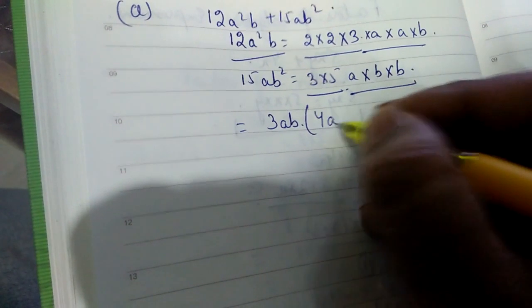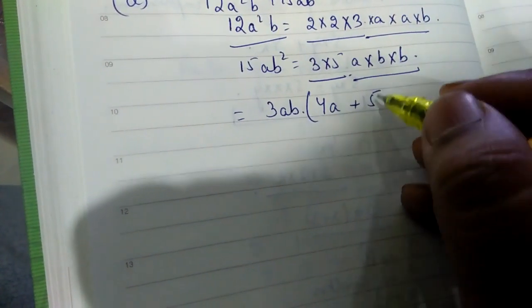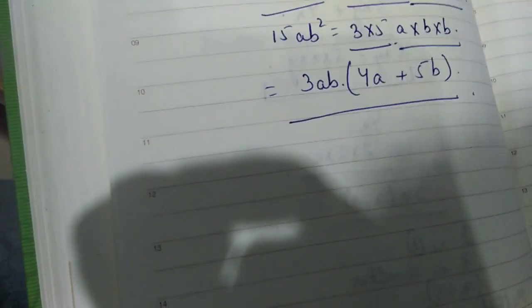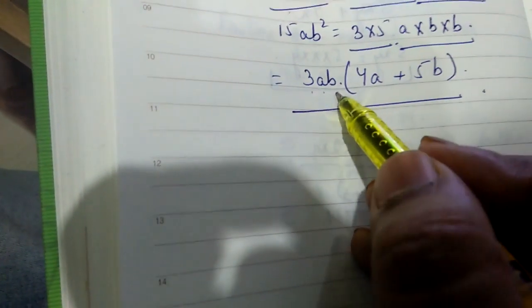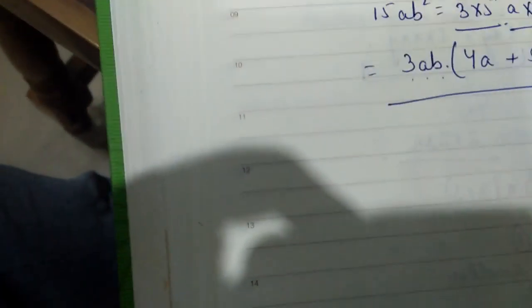One of the a is left, b is already out. 3 5, a is already out, b is already out, 5b. So this is what is left. So this is the required factor form. So 3ab into 4a plus 5b is the required form.